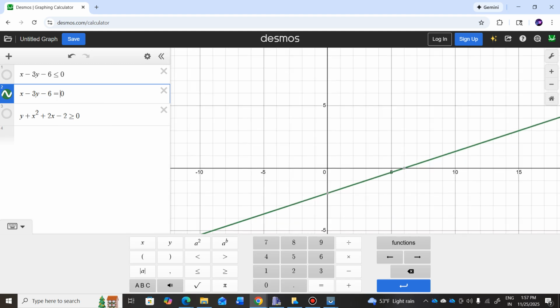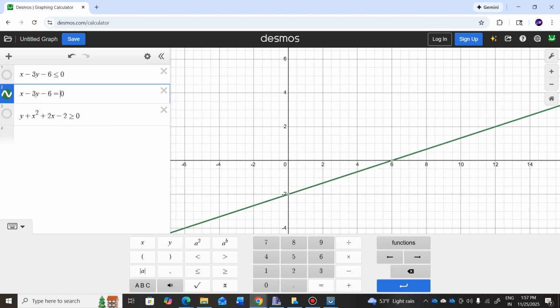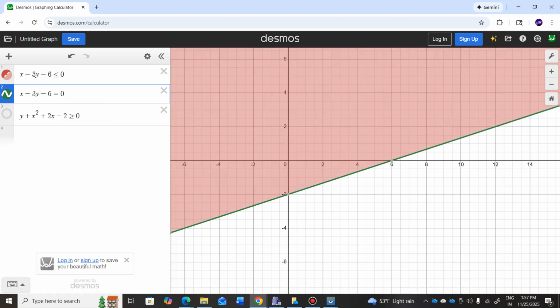We have just a line, okay? And so if points on this line are included, then we'll make the line solid. If they're not included, then we'll make it a dash. And since it's a less than or equal sign, you're going to see this line is going to be a solid line.